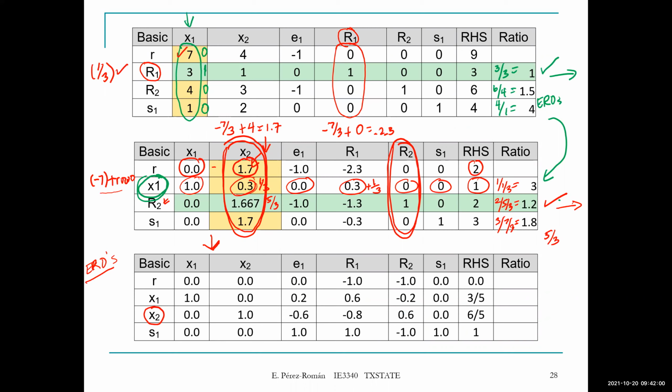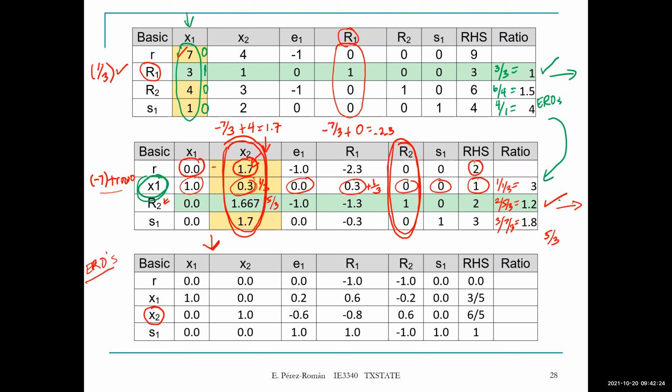Yeah, so basically the question is, why do you want this column to resemble R1? Yes, so you see the basic variables, these are our basic variables, meaning that these are the variables that are giving us a solution for the problem. So in this first tableau, that solution is given in terms of R1, R2, and S1.